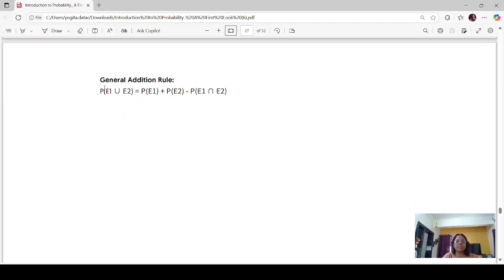Now this is the general addition rule. Probability of E1 plus probability of E2 minus probability of E1 intersection E2. This is same as the inclusion exclusion principle which we have discussed in set theory. So here P of E1 union E2 is given by P of E1 plus P of E2 minus P of E1 intersection E2, and this rule can be extended to n number of events.